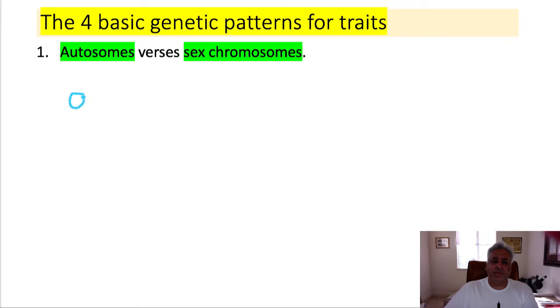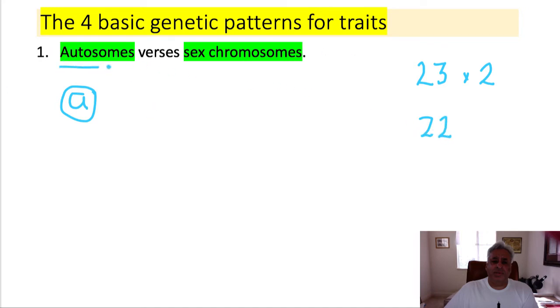So we have A, where the gene lies on the normal chromosomes, not the sex chromosomes. Remember I was telling you earlier that we have 23 chromosomes times 2, one from each parent, right? 22 of those chromosomes are called autosomes.